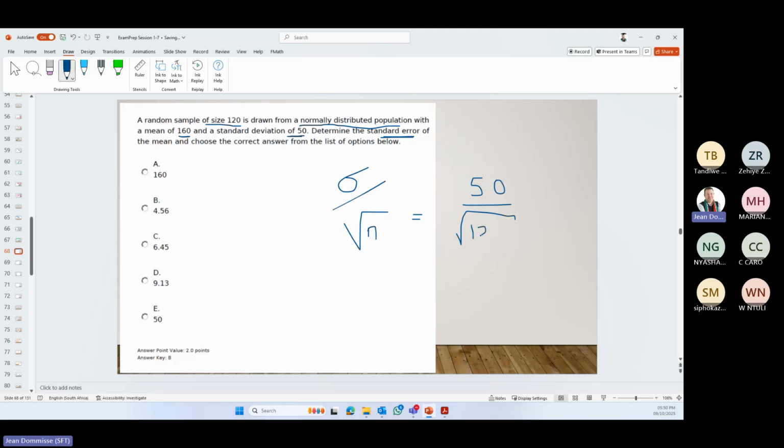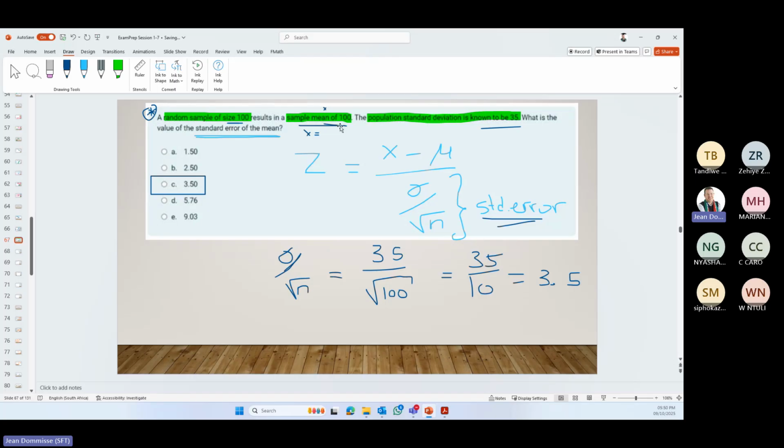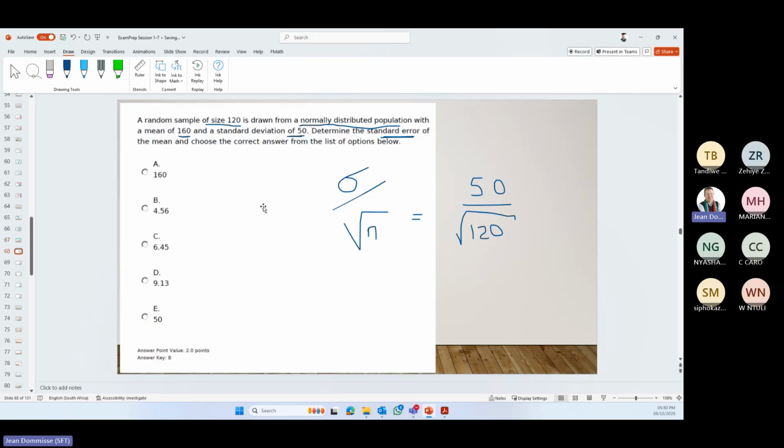Once again, in the previous one, if I made a mistake by using the mean, it would not have mattered. But if I now use the mean instead of the sample, I will get a different answer.